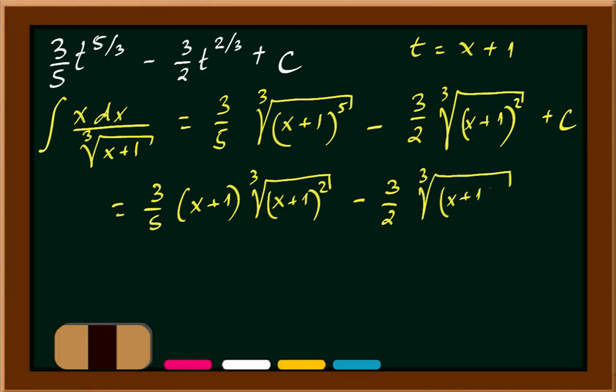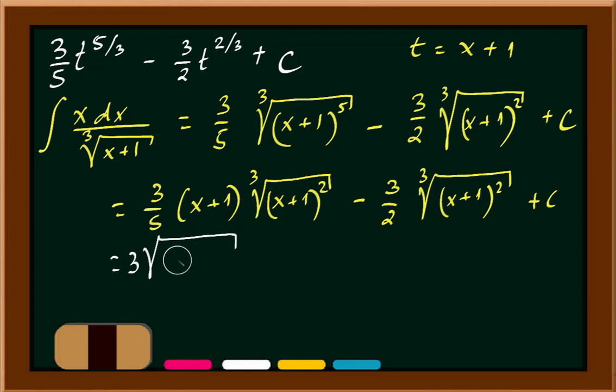Otherwise, x plus 1 to the power of 5 is x plus 1 squared times x plus 1 cubed. And on the second part, we don't change anything, and we get a result similar to the first one we got, but we can dig deeper now and factor more. If we look at this, we have the 3 times cubic root of x plus 1 squared. We can factor it out.